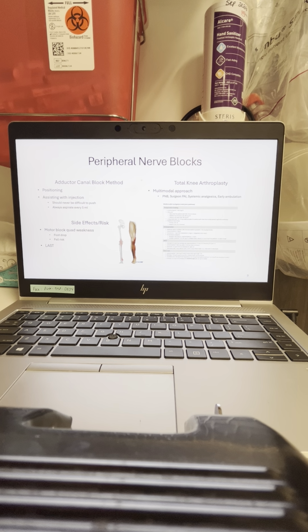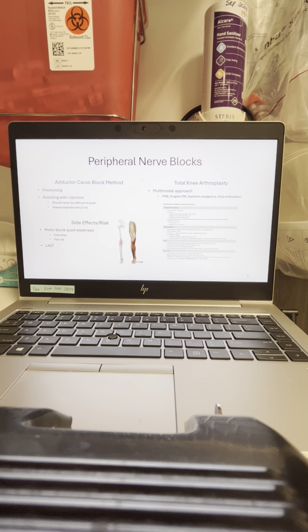Because it's sensory and doesn't block all the motor, we can't numb up the leg completely. I'm not sure what the surgeons are doing here, but they'll most likely place a periarticular injection during surgery that helps with the additional pain and discomfort and the pain in the back of the knee. We can also block those areas via other sensory blocks, but the adductor canal block is kind of the staple.